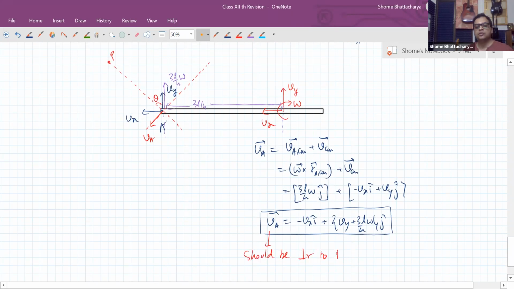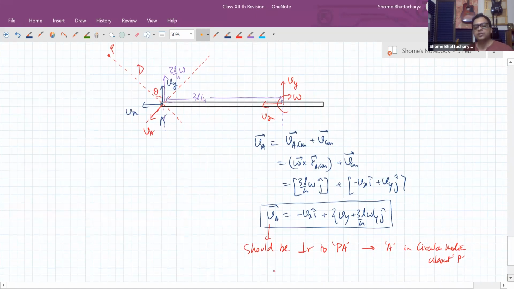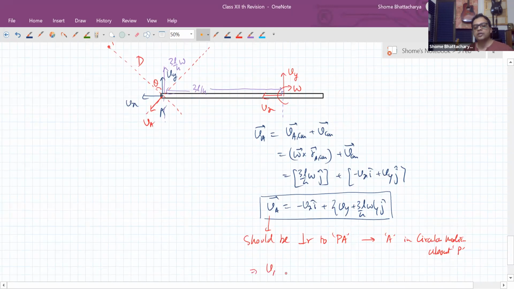perpendicular to the line PA because A is in circular motion about the point P. So the distance d from the point P should remain constant. Okay, so that also means that the approach velocity of A towards P should be 0.